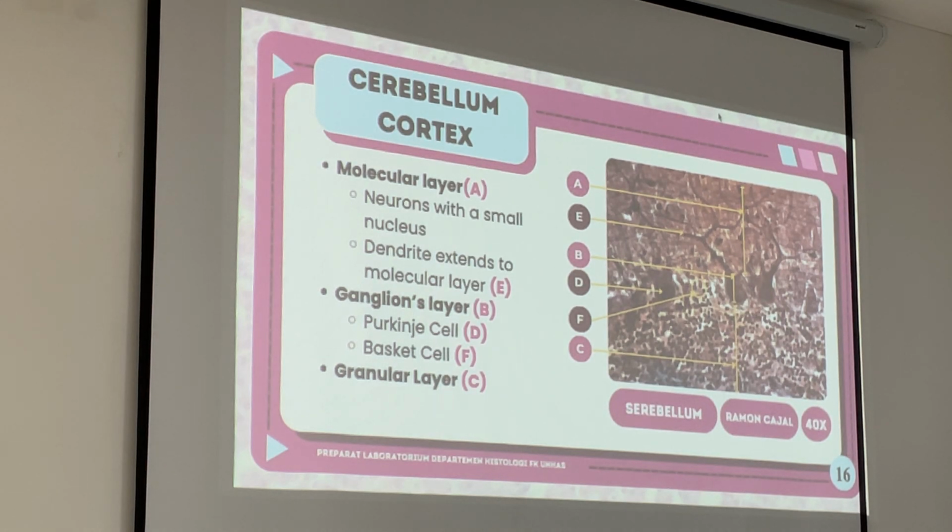Ganglion means cell's body, so this layer mostly contains cell bodies, which are the Purkinje cells here. This is the body of the Purkinje cells, and this is the dendrite. And the axons will go down to the granular layer. This is the granular layer, with mostly granule cells, nucleus here.